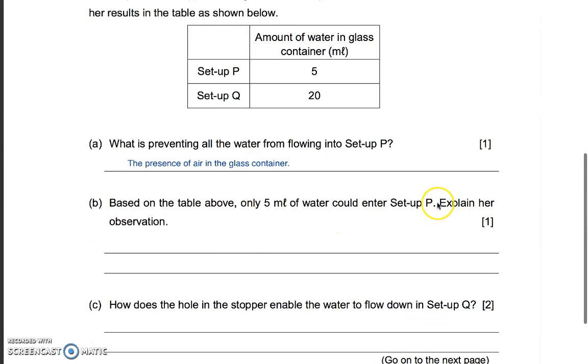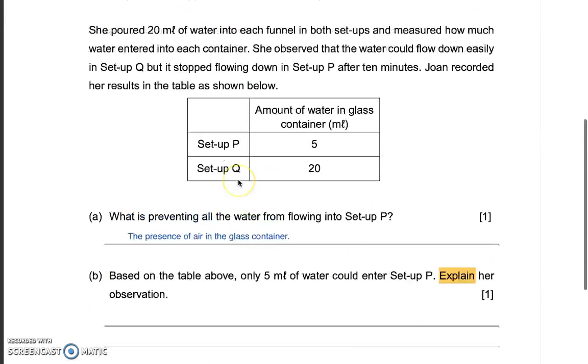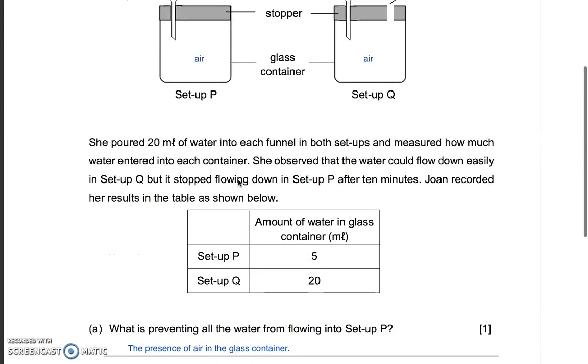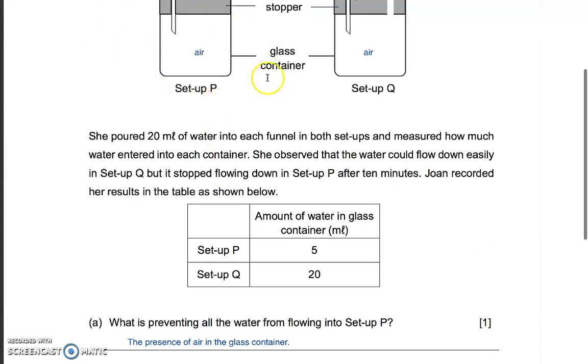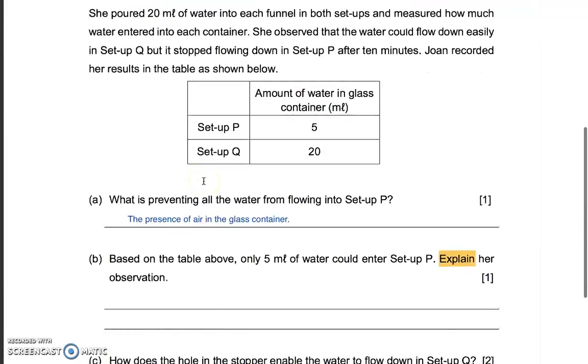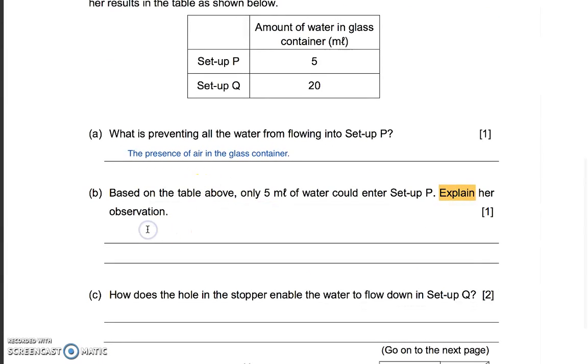So you're supposed to explain why. So let's recall the properties of air. Air takes the shape of the container. Air does not have a definite volume, so therefore it can be compressed. So let's look over here. What property is it that we're observing? Because 5 ml of water can enter, it is actually stating that air can be compressed.